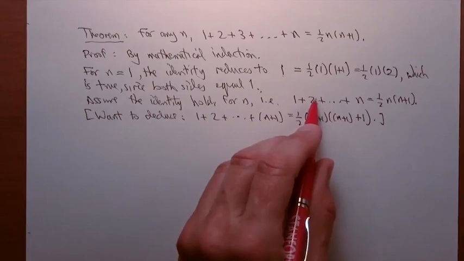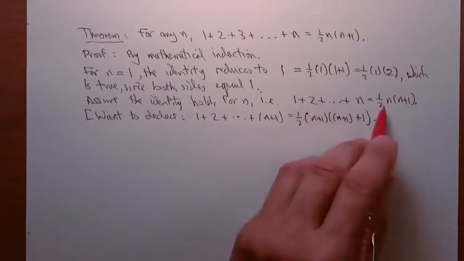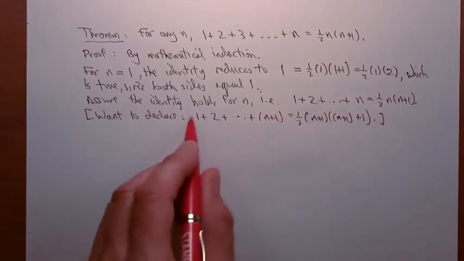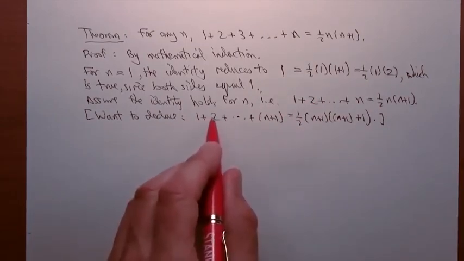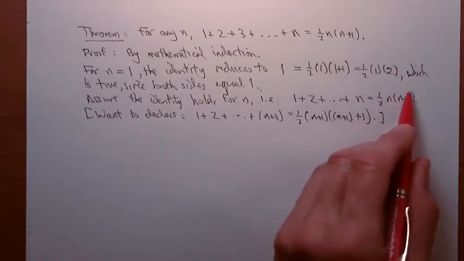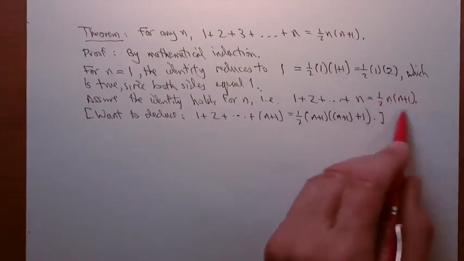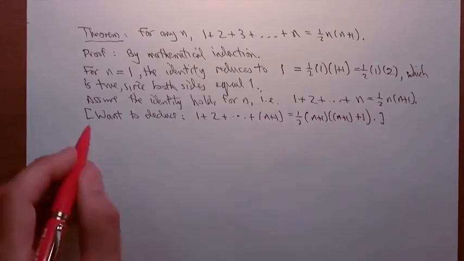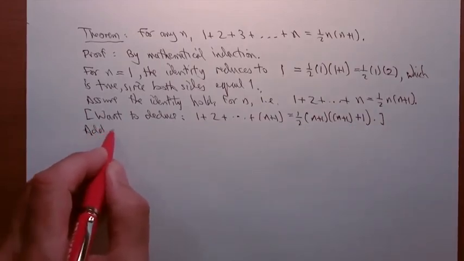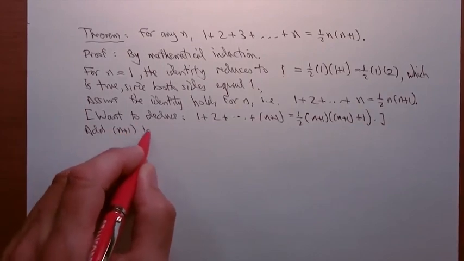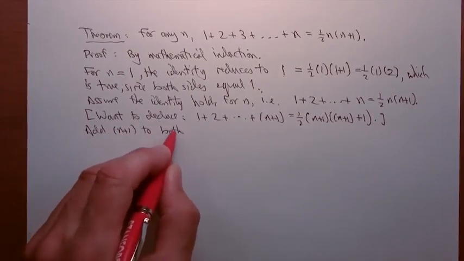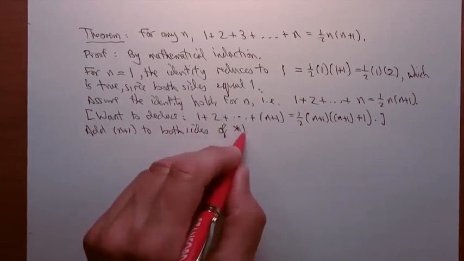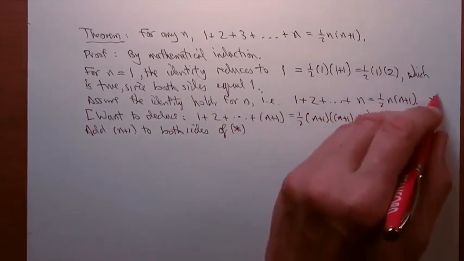Well, one way would be to add n + 1 to both sides of that identity, which means that I'd get the left-hand side here, and then hope that when I work out the right-hand side, having added n + 1, I end up with this expression. Okay, so let's add n + 1 to both sides of, let me call it star.